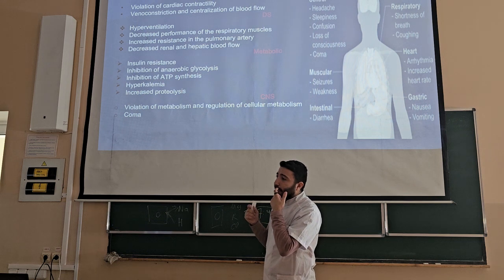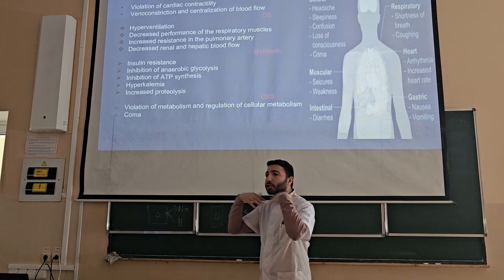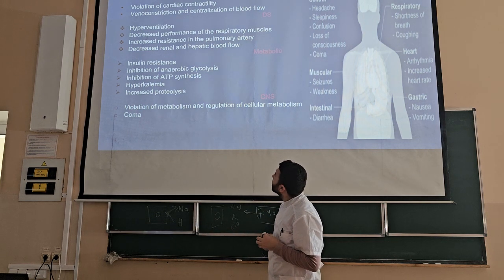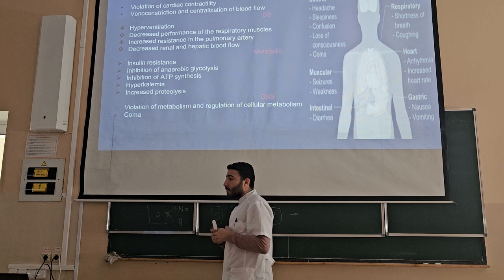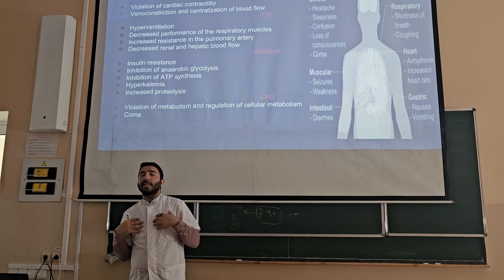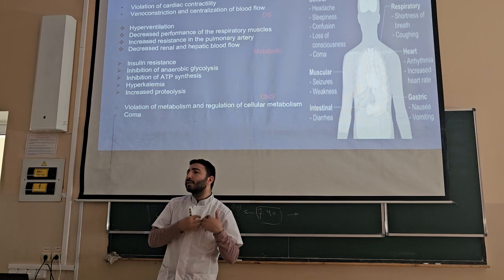In the respiratory mechanism, there will be hyperventilation, too much breathing, as well as a decrease in the function of the respiratory muscles, especially the accessory muscles, the external intercostal muscles.